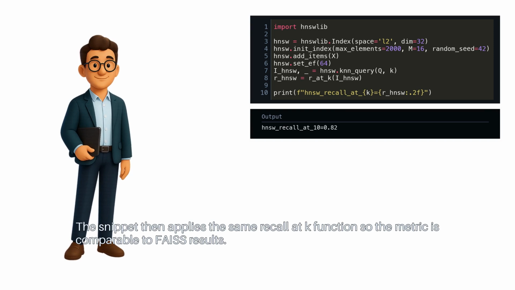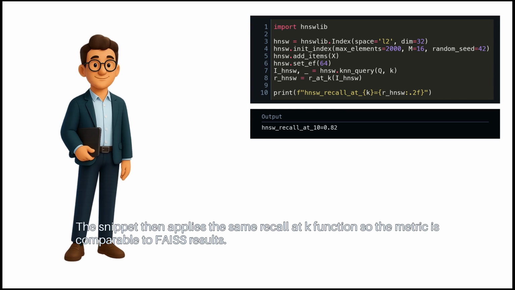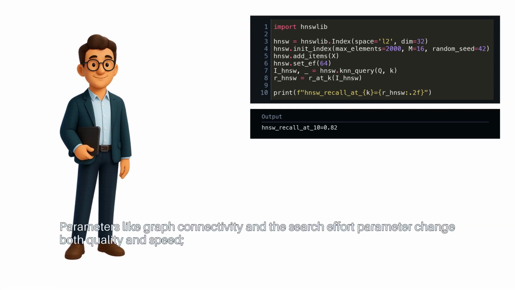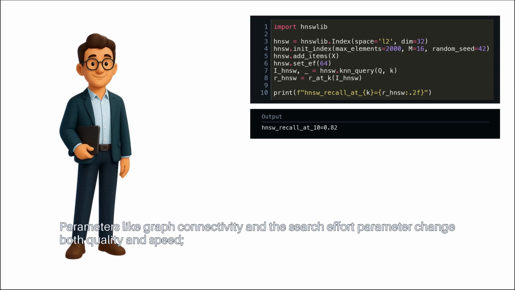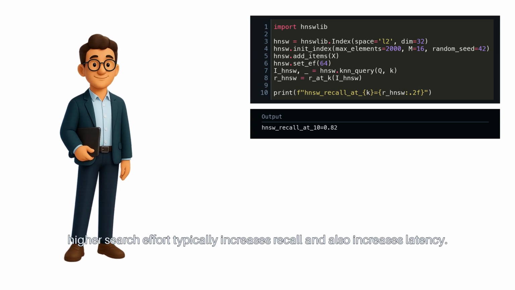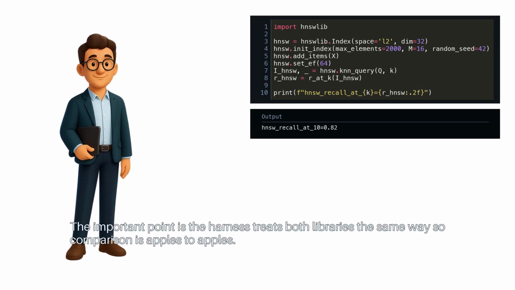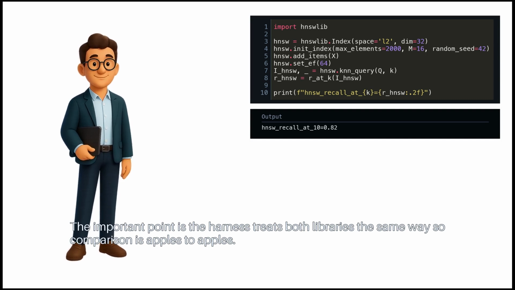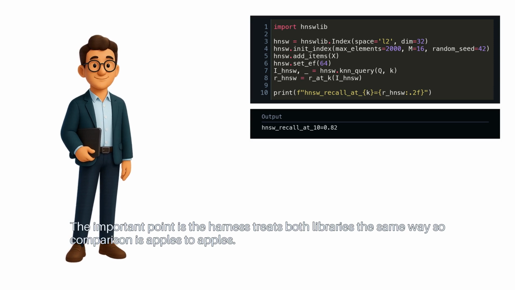The snippet then applies the same recall at K function, so the metric is comparable to FAISS results. Parameters like graph connectivity and the search effort parameter change both quality and speed. Higher search effort typically increases recall and also increases latency. The important point is the harness treats both libraries the same way, so comparison is apples to apples.